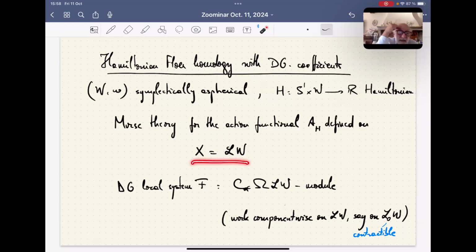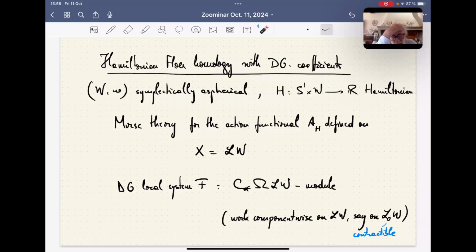Yeah? So the local system now is going to be a module over chains on the base loops of X, meaning chains over base loops on the free loops of W. That's the natural notion in this context. Yeah?